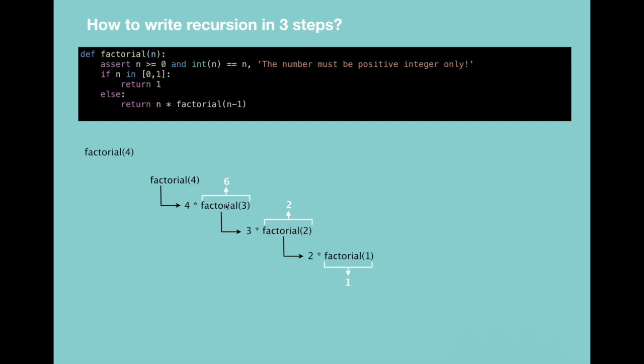Then from here we know that return value for factorial 4 is 4 multiplied with the return value of factorial 3. So we have calculated the return value of factorial 3, which is 6, and 6 multiplied with 4 will be 24.